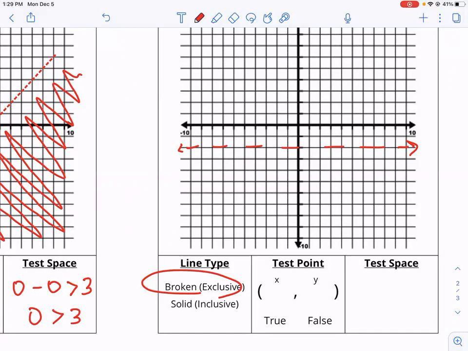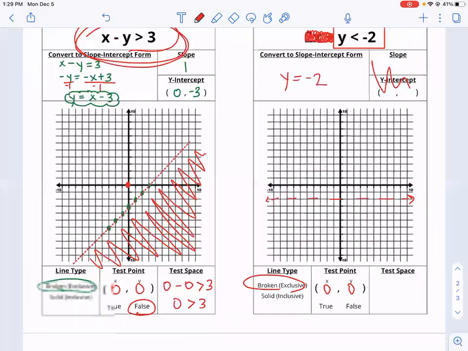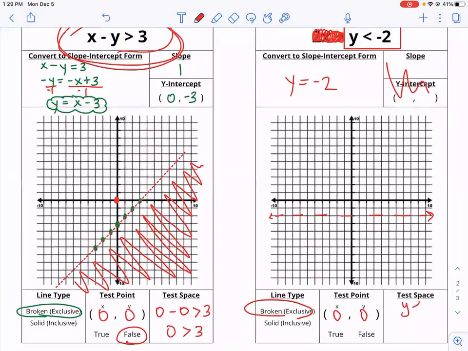Colin? Make a point. 0, 0. And if I plug in 0, 0 to y is less than -2, is that a true statement? Is 0 less than -2? Yes.